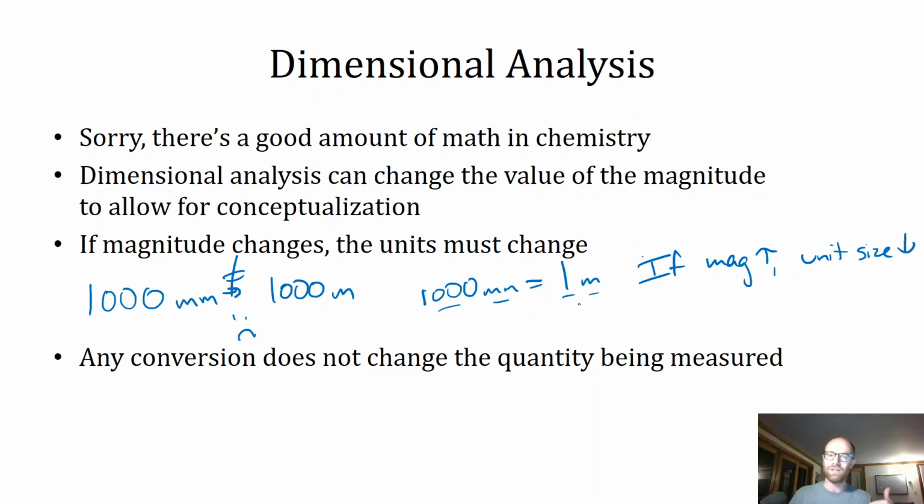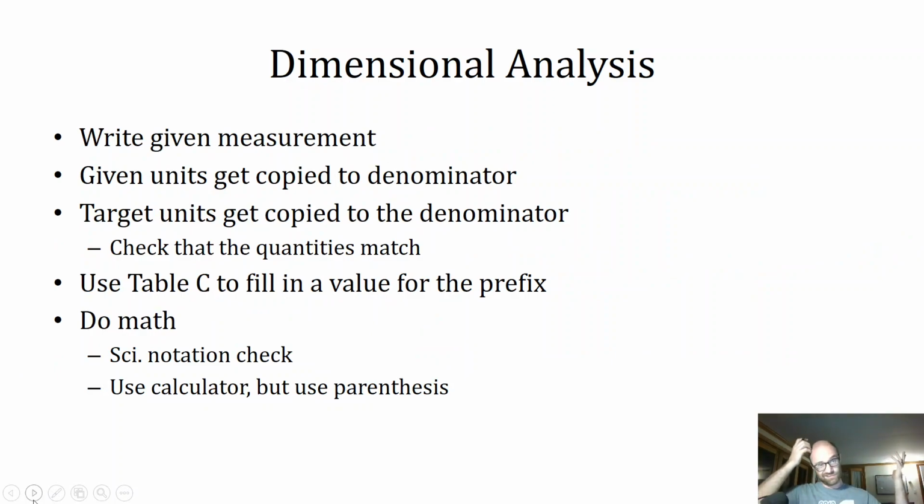Number went down, unit went up. And then the idea also is that any conversion, when you do it successfully, the actual quantity you're measuring doesn't change. That is to say, the distance represented by 1,000 millimeters is equal to the distance measured by 1 meter. If it's not the same amount, well, then you didn't do it right.